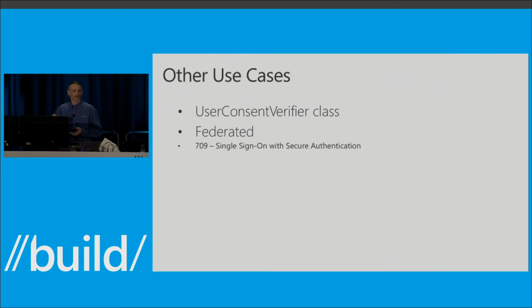And what that'll do is I'll tell you how you can get this single sign-on experience using the APIs that you've seen today, but in the context of a more federated environment where you're going to allow other people to use these identities, or you're going to write an app where you're going to use someone else's identity.